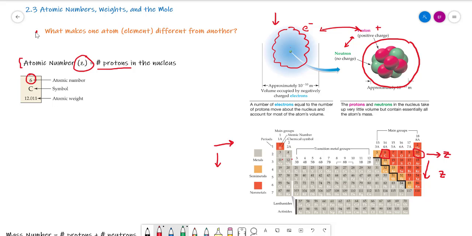But the key takeaway here, this big message, is that the actual identity of the element is solely dependent on the number of protons in the nucleus. You can never have two different elements with the same number of protons. So proton number, or atomic number, constitutes what that element is in the first place.